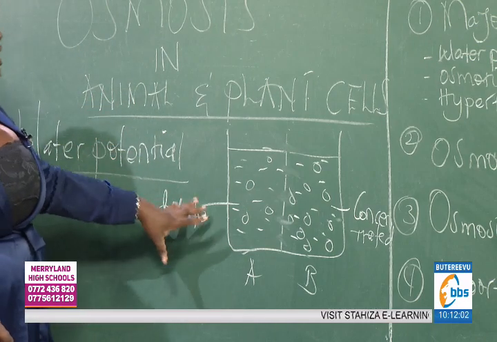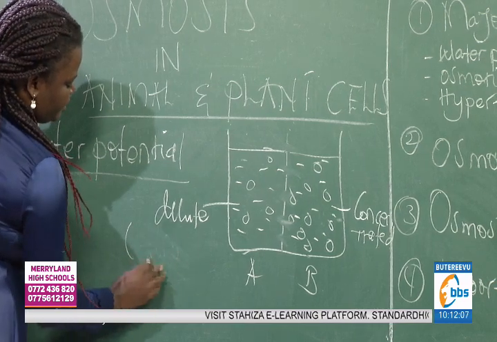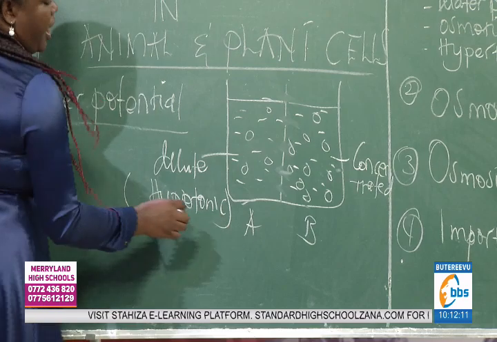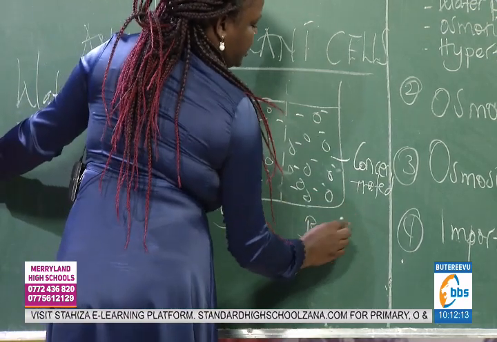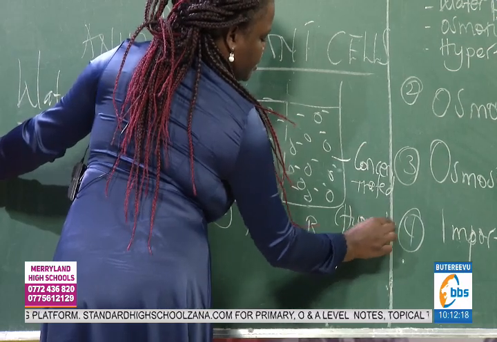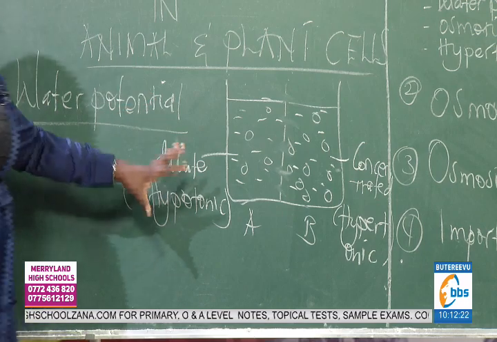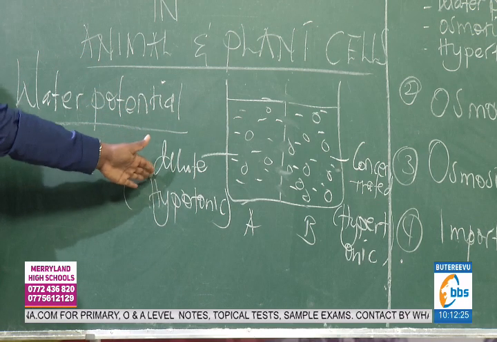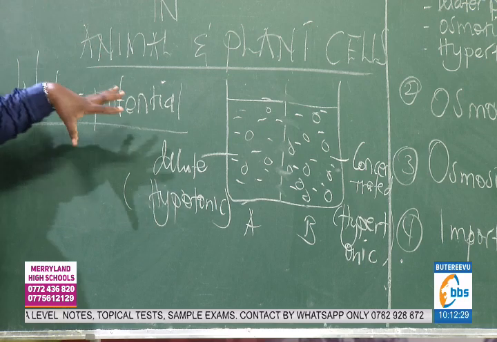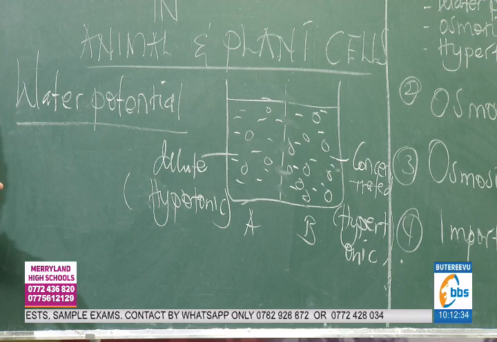What does that mean? The dilute one, we said it's called hypotonic. And then the concentrated one is the same as hypertonic. So hypotonic is synonymous to dilute, and it's also synonymous to a system that has very many water molecules in it.